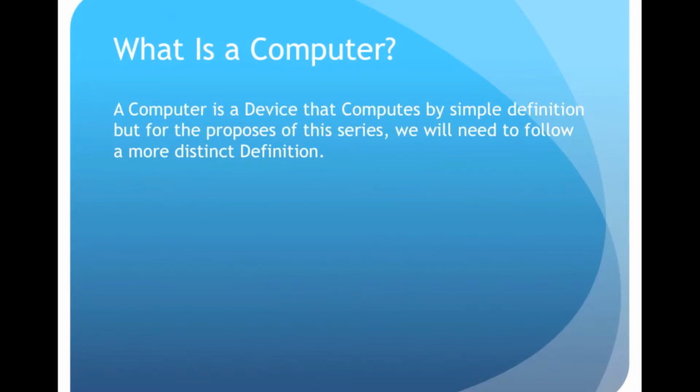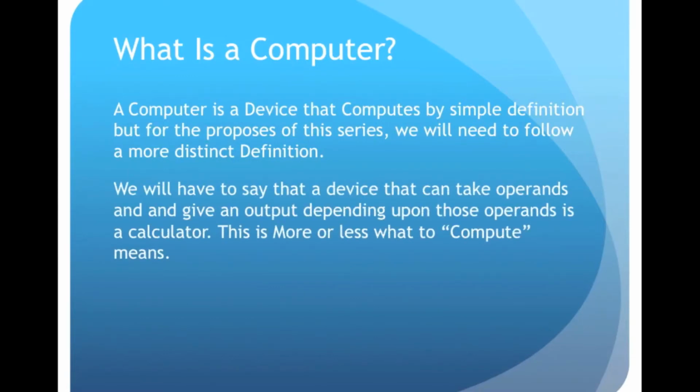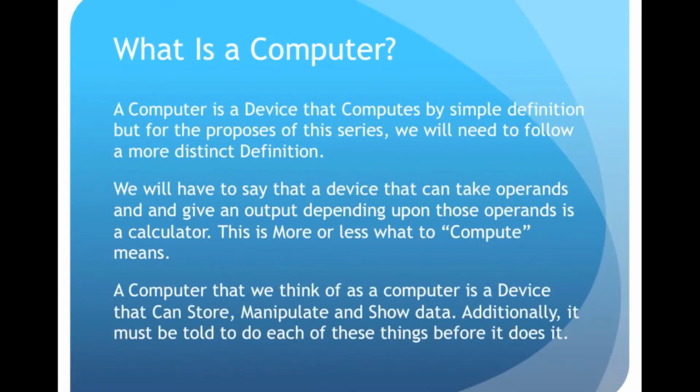We're going to say that something that just can compute is a calculator, and a computer is something that can store, manipulate, and show data. Additionally, it has to be told each of these things in order for it to actually do them.